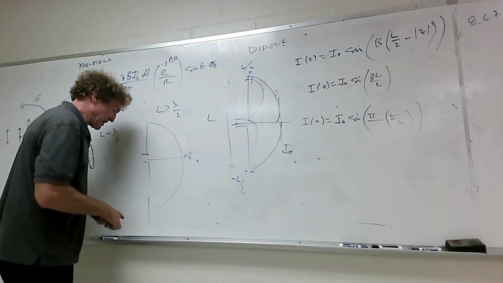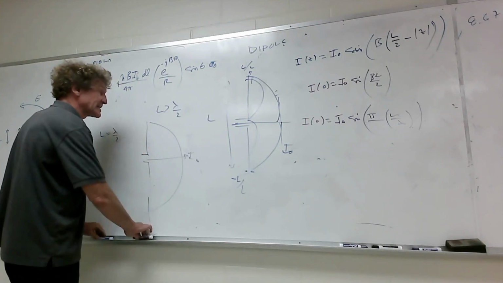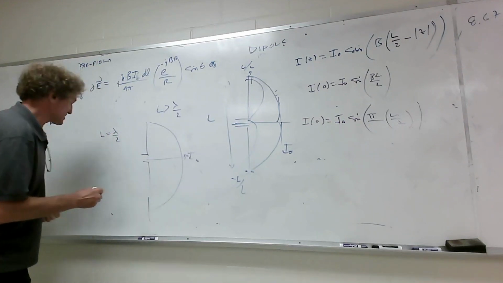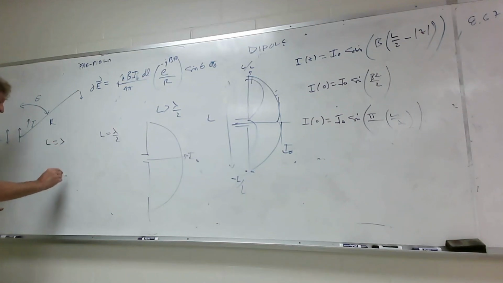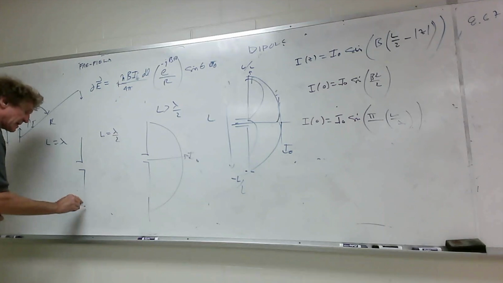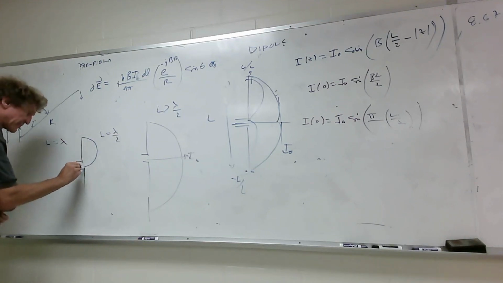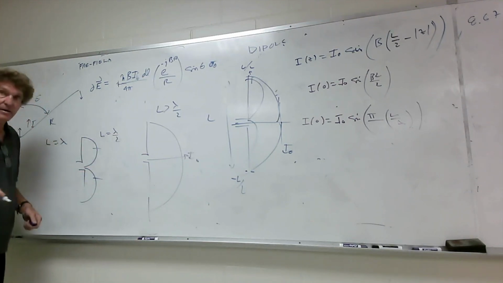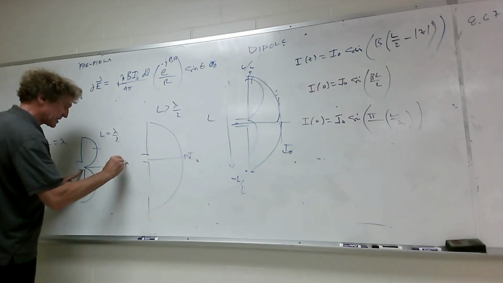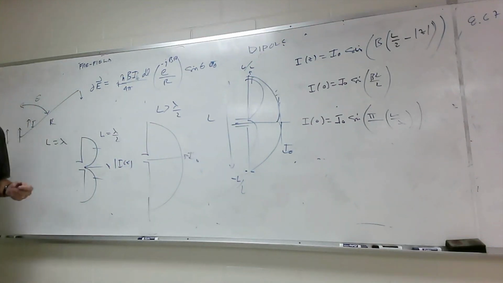As the length of the antenna gets longer and longer, and you go to an actual value of L equals lambda, you get this kind of crazy behavior. Your peak will be here, and the magnitude of current at the center will go to zero, which means it would have an enormous impedance, because for any voltage, you're getting almost no current.